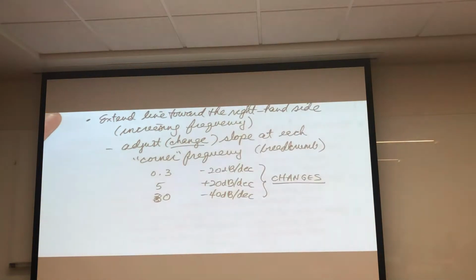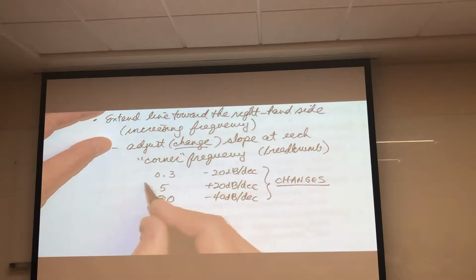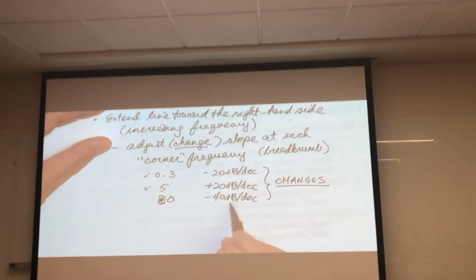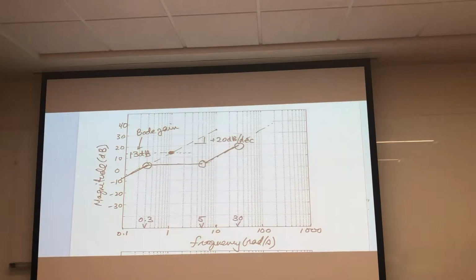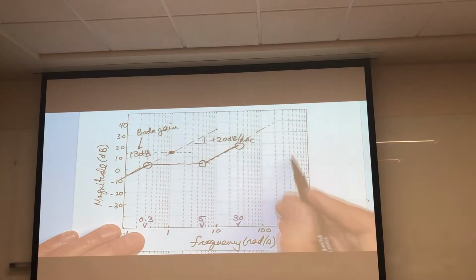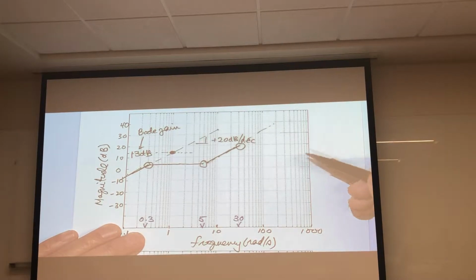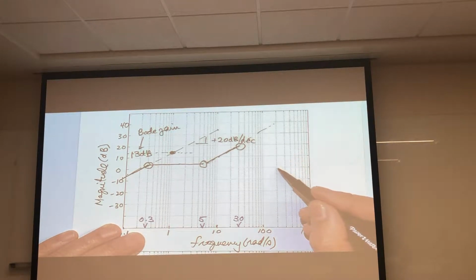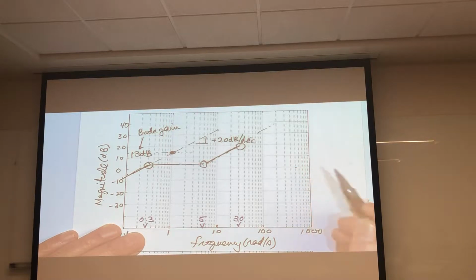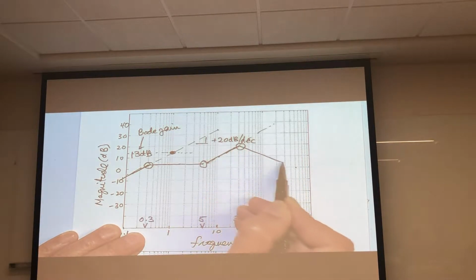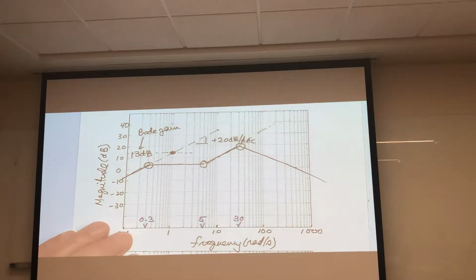I look at my list of breadcrumbs. I've taken care of this one, and this one. I have to do this one, minus 40 dB per decade. And so the result is going to be negative 20 dB per decade, like so.